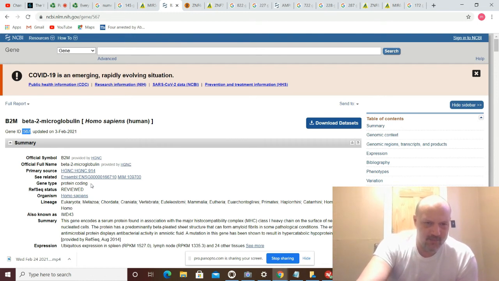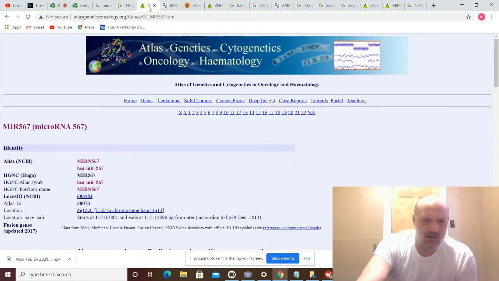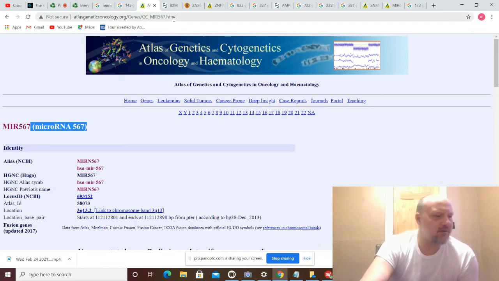And it is a protein coding gene. We've had those a lot. Also 567 is MIR 567, microRNA 567. So right here. Right there. So you got a couple things going on with that.